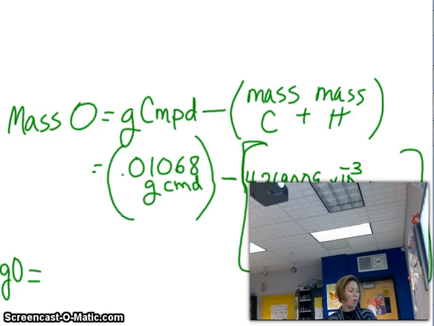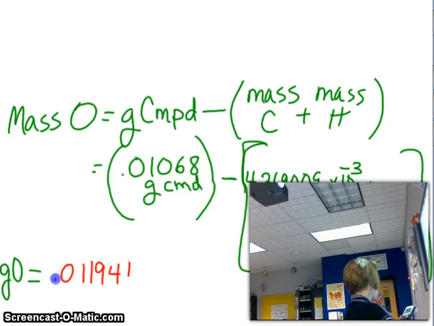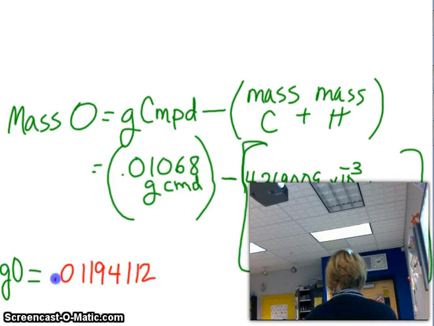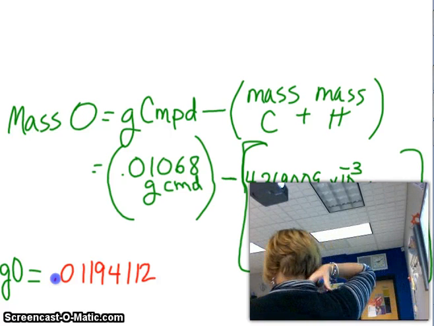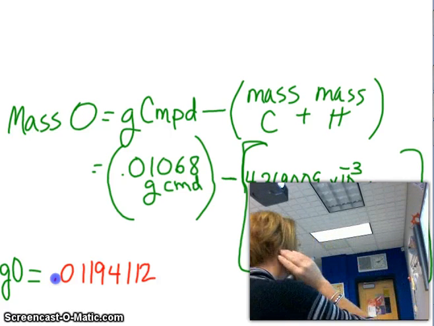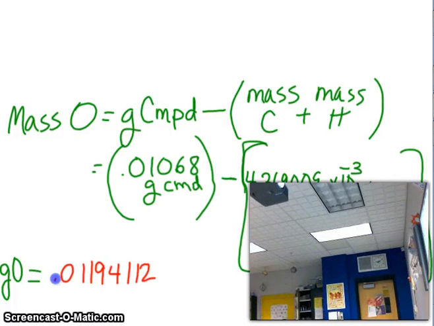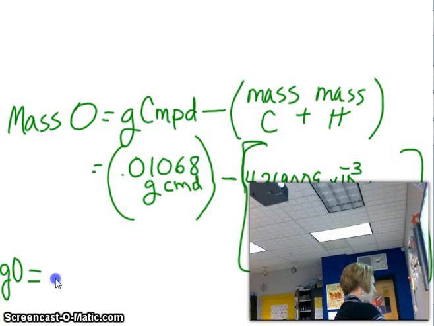I got, hopefully y'all got the same thing, 0.01194112239. No? Ouch. All right, let me try again. 0.0160. I put in the wrong mass. 08. Jeez. Let's pause this.